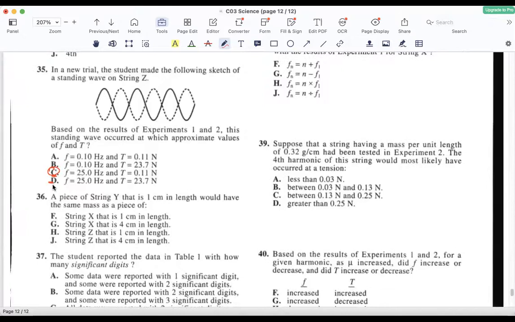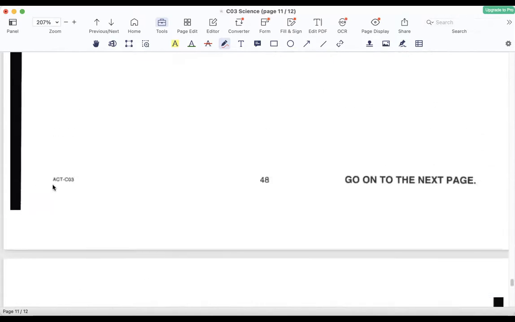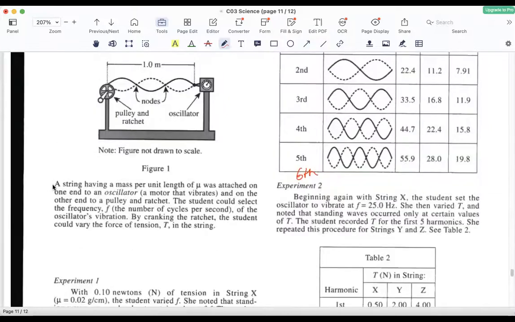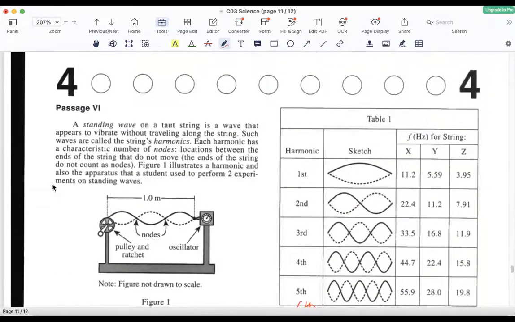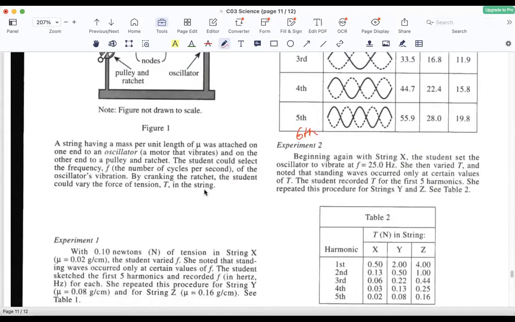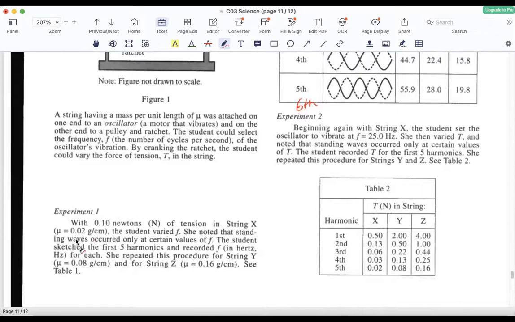A piece of string Y that is 1 centimeter in length would have the same mass as a piece of, okay, this is mu. They didn't tell us what mu is, right? But we can see that it is the mass per unit length.